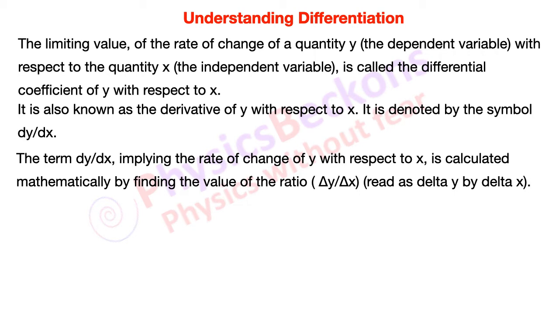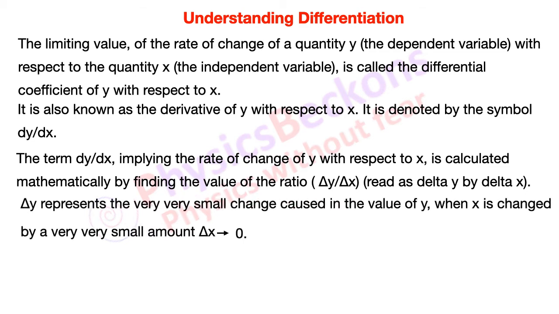The term dy by dx, implying the rate of change of y with respect to x, is calculated mathematically by finding the value of the ratio delta y by delta x, that is, a small change in y to the corresponding small change in x as delta x approaches 0, because as stated earlier, the value of delta t, the small time interval chosen, or delta x in general, has to be very, very small.